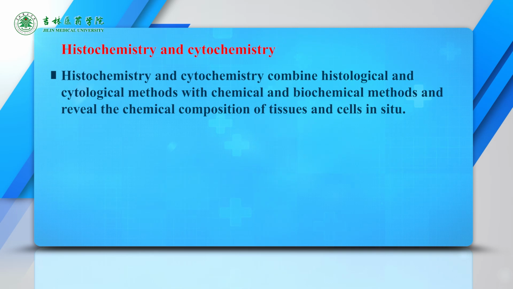Histochemistry and cytochemistry combine histological and cytological methods with chemical and biochemical methods and reveal the chemical composition of tissues and cells in situ. This permits a precise interpretation of the chemistry of cells and tissues in relation to their structure.